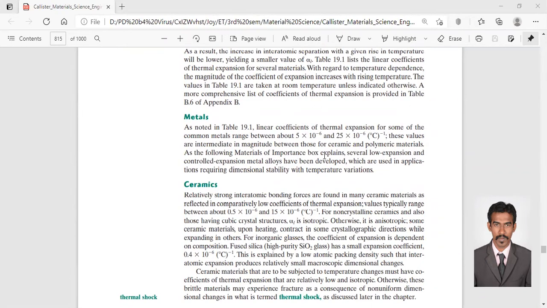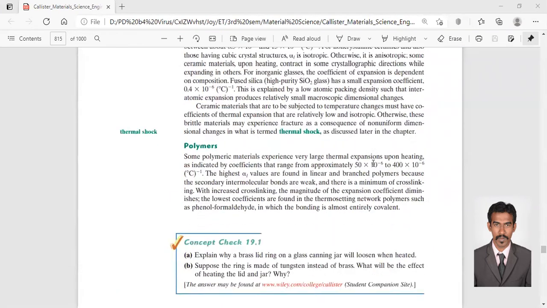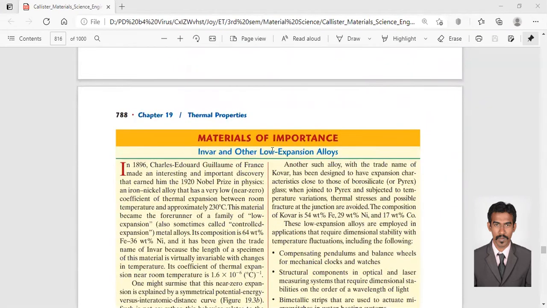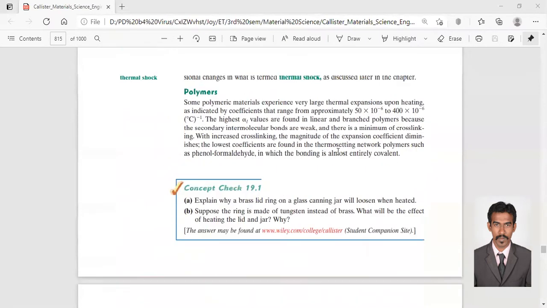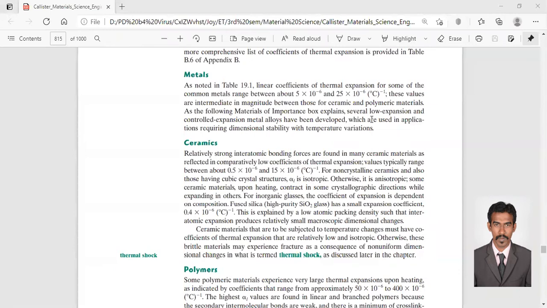As the following Materials of Importance box explains, several low-expansion and controlled-expansion metal alloys have been developed, which are used in applications requiring dimensional stability with temperature variations. So here we have a table, Materials of Importance, on low-expansion alloys, which we will study. Why is the table important?